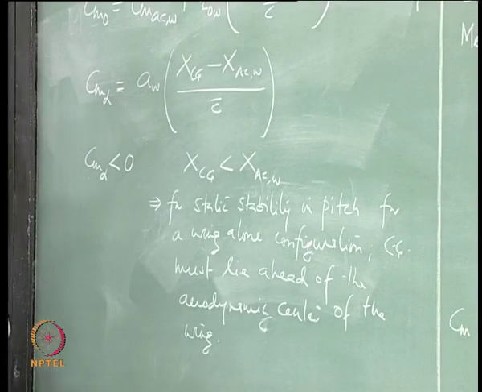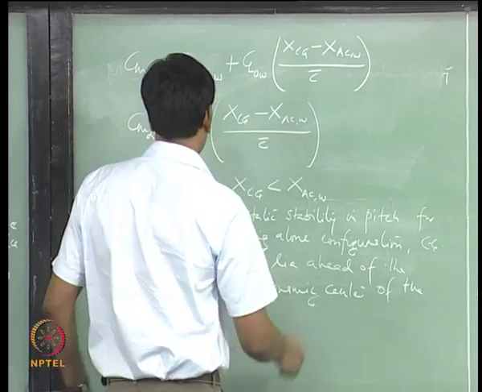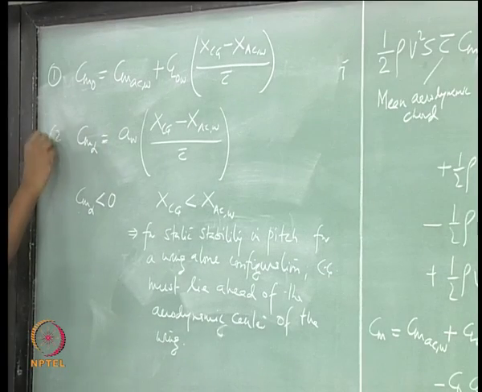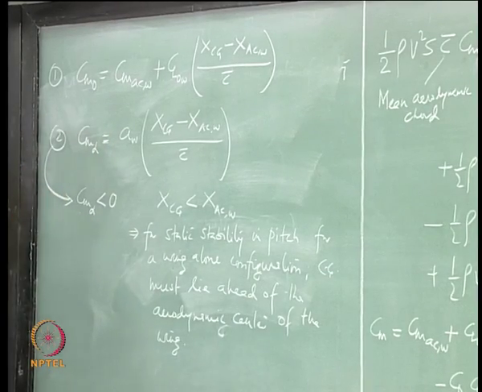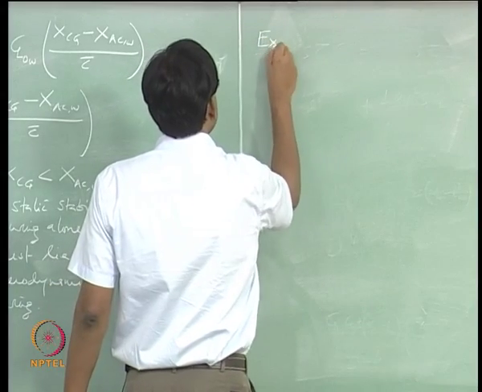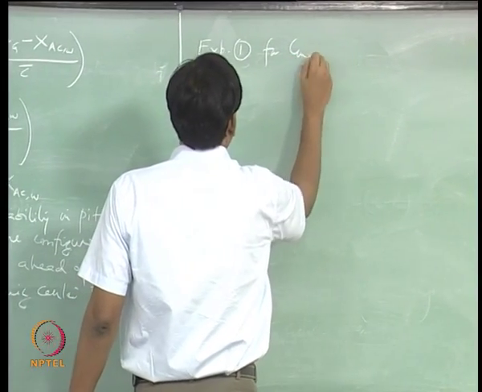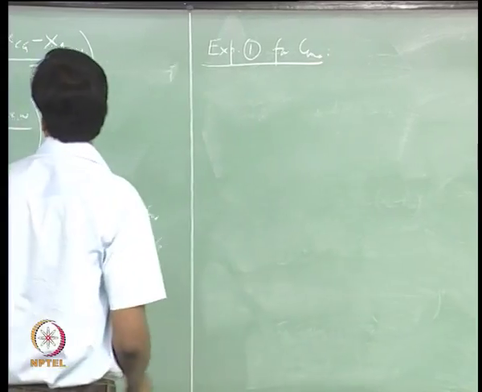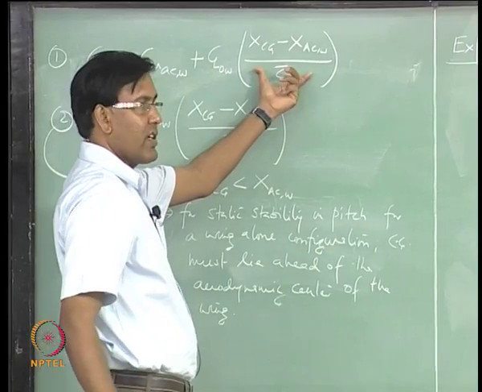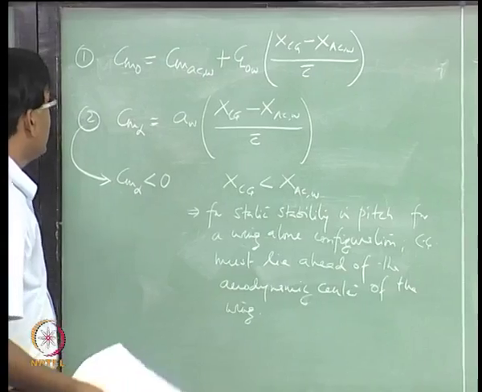Now, let us look at what is happening to Cm naught. So, the expression 2 results in this conclusion. The expression 1 for Cm naught. Let us look at that. So, this quantity has to be negative because we have to ensure stability.